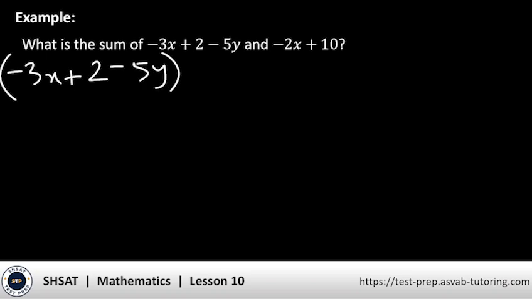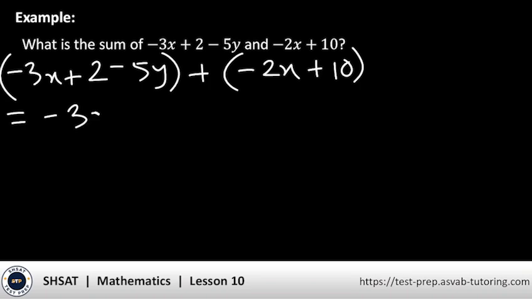Let me just put a parentheses here, plus negative 2x plus 10. So putting a parentheses is, of course, essential because sometimes had it not been a sum, if it had been like a difference, or if you needed to put a minus or a subtraction sign in the middle, the signs that you put inside the parentheses would also have been changed. But because it's a sum here, it's a plus, the signs would not change, okay?